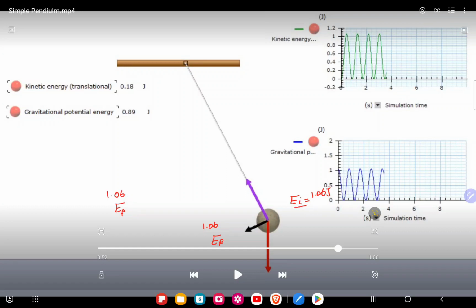At this position it's only gravitational potential energy, at this position it's kinetic energy, and at this position it's gravitational potential energy. Anywhere on the track, the mechanical energy equals 1.06. So at this position we have potential energy and kinetic energy, U plus K, and in total it equals 1.06.